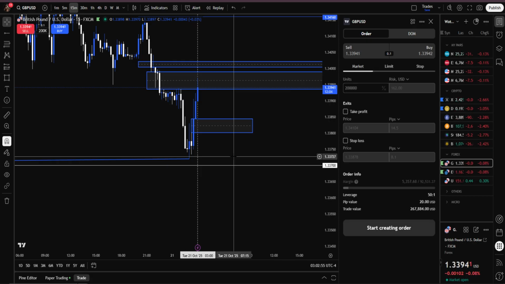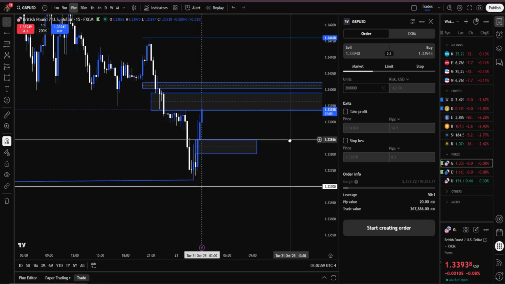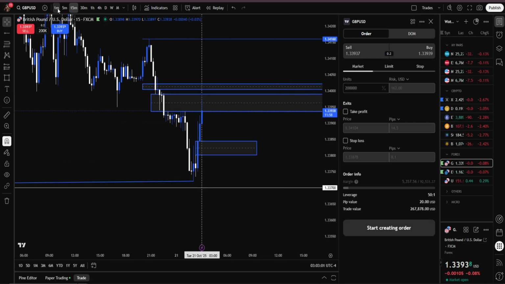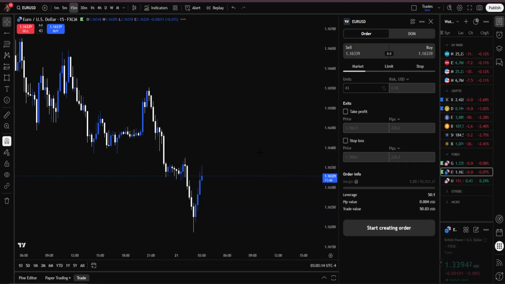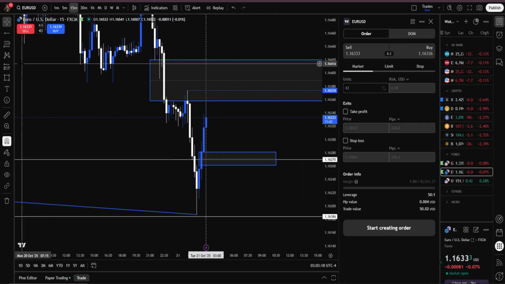And usually you're not supposed to use 15-minute and 30-minute gaps as take profit points. But I've never been in this type of situation before. If I can target the 15-minute gap for a one-to-one trade, I'm going to target it because it's probably going to be a pretty good point to get a trade in off of.